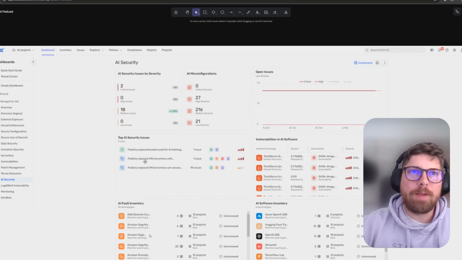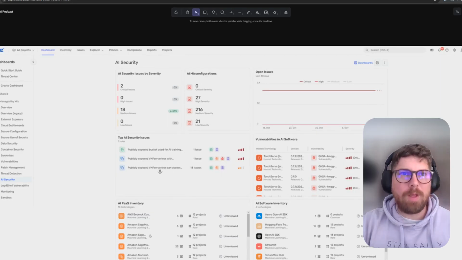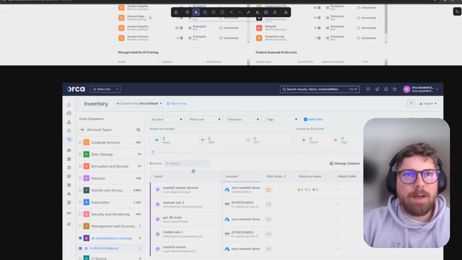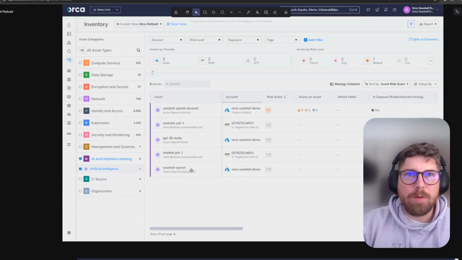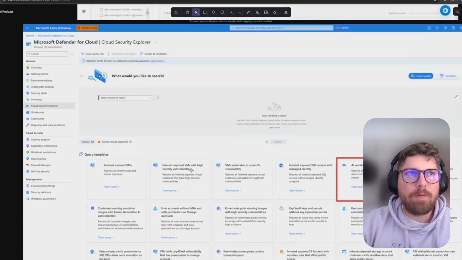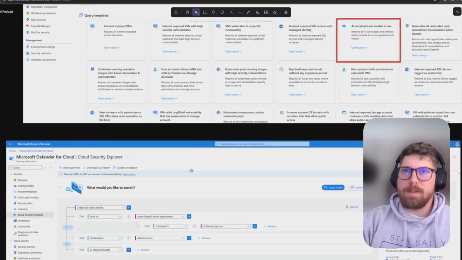But they're looking for things like publicly exposed bucket used for AI training, very infrastructure focused, publicly exposed VM, serverless. You can get essentially what they're doing in here. As I look through, here's Orca, pretty much the same stuff. Defender for Cloud, same.